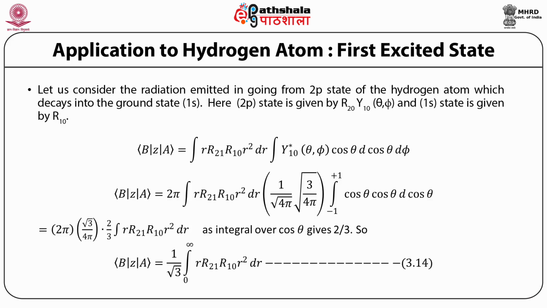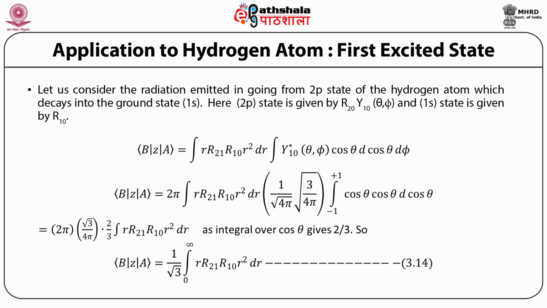Therefore, this is equal to 2 pi times the integral over dr of r times R21 and R10 into r squared, multiplied by 1 over square root of 4 pi and square root of 3 over 4 pi, and the integral from minus 1 to plus 1 of cos theta d cos theta.